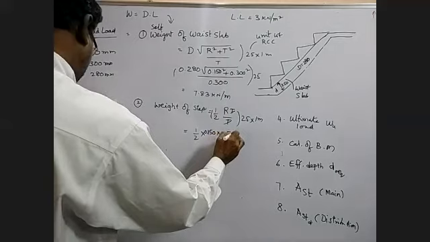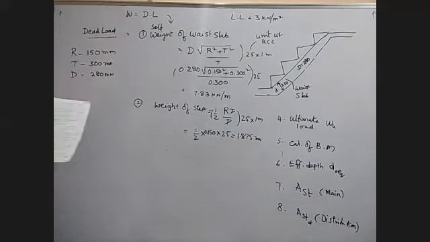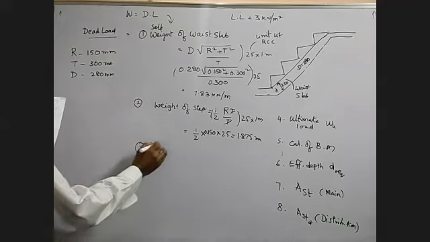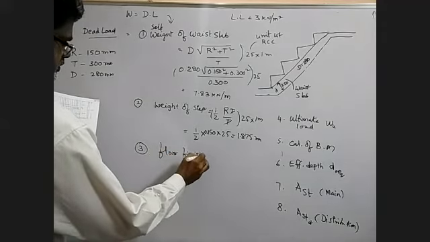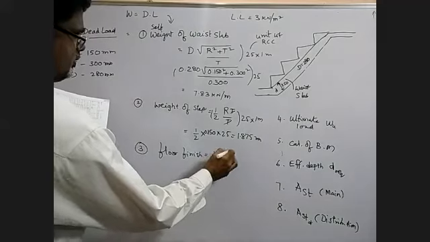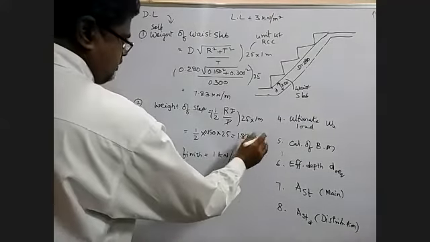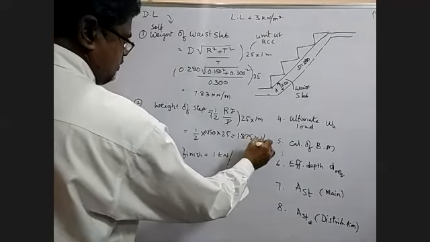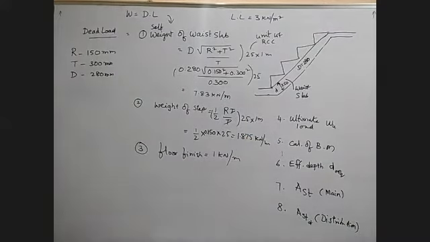So this comes to 1.875. And of course, floor finish is equal to 1 kilonewton per meter. Assume the floor finish 0.5 to 1 kilonewton per meter.